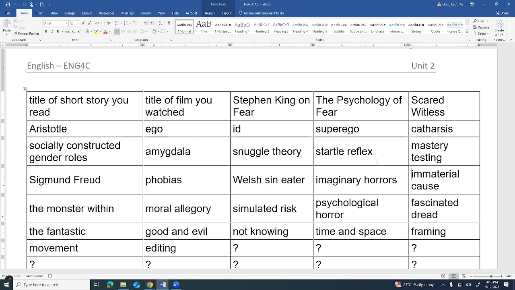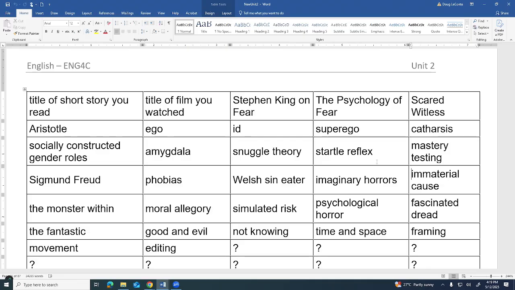And then the elements of film, for instance, might go more in the middle because it's fairly complex.